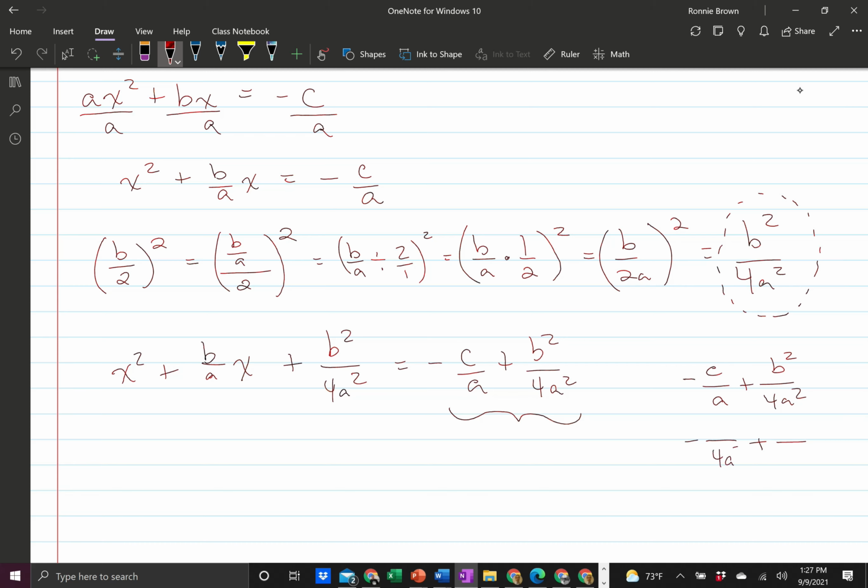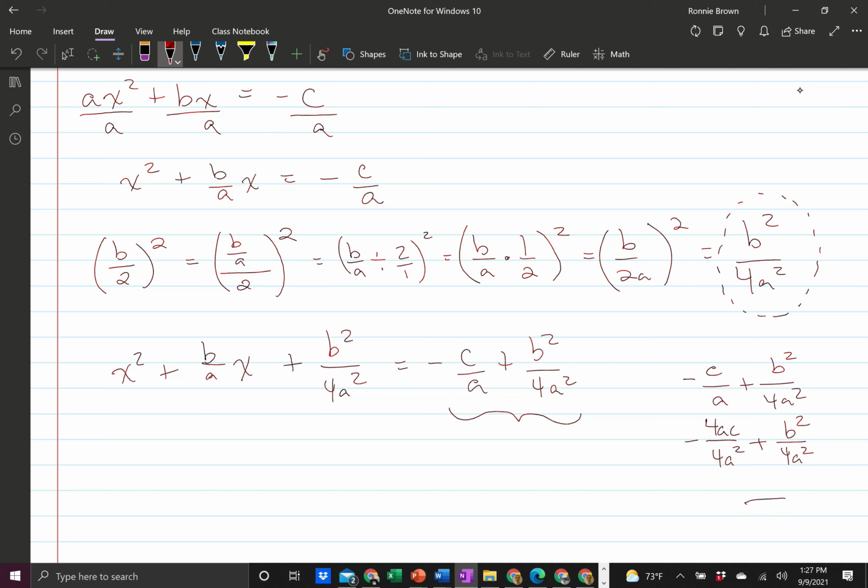So the LCD here is 4a squared. Now we divide the old denominator into the LCD. So a goes into 4a squared 4a times. 4a times that c is 4ac. Well, this old denominator is just like the LCD, so nothing will change for this one.